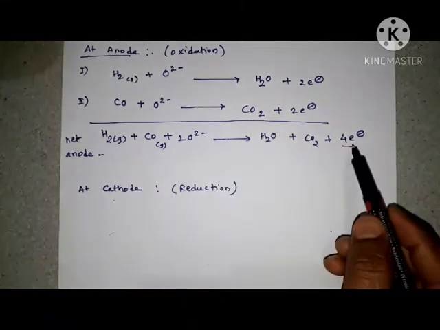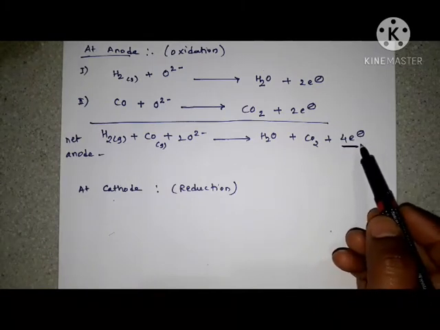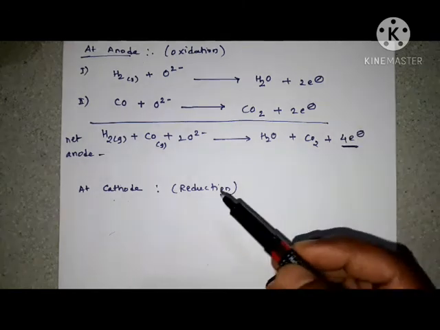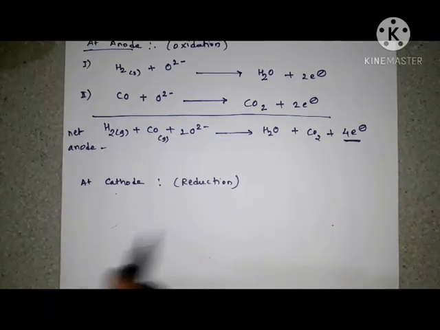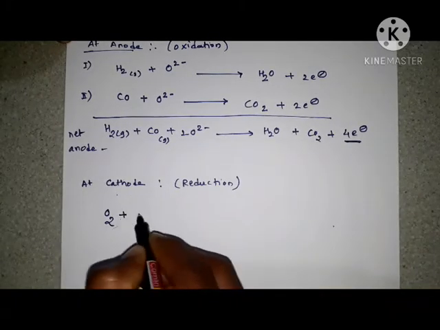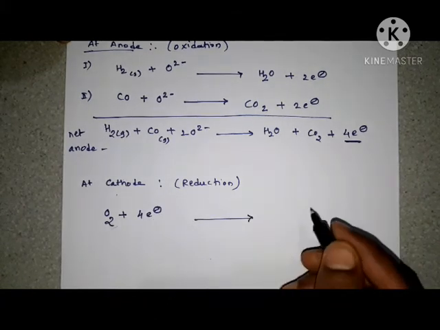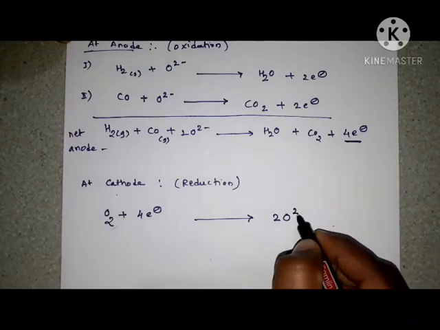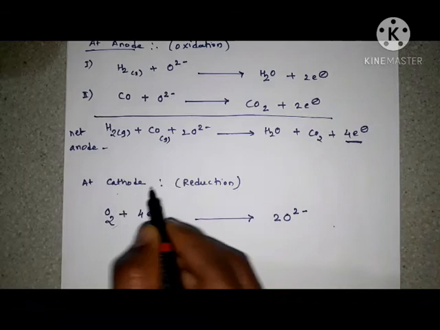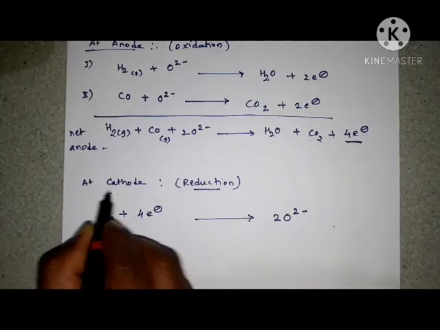The 4 electrons released by oxidation are used in the reduction process: O2 gas plus 4 electrons gives 2O2 minus ions.